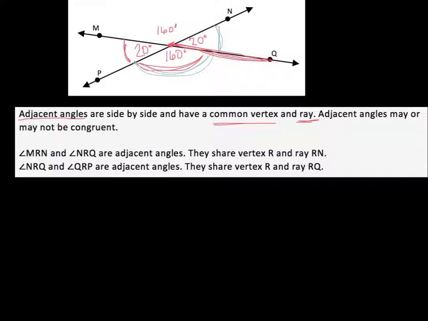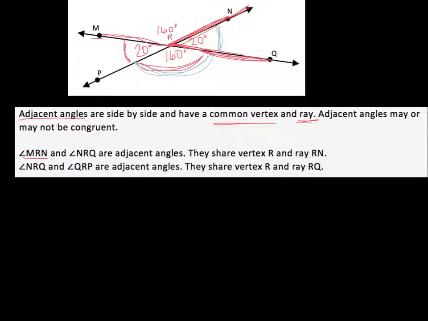So again, angle MRN, this was R, I forgot to write that in there. MRN, so we're talking about the 160 here, MRN and NRQ are adjacent angles because they're right next to each other. They share vertex R and ray RN.